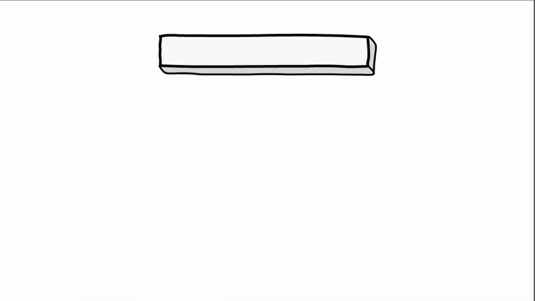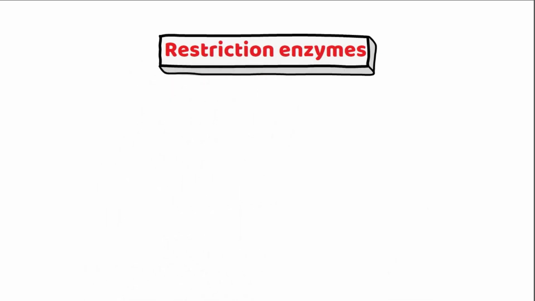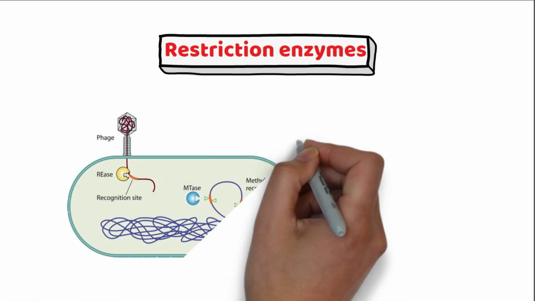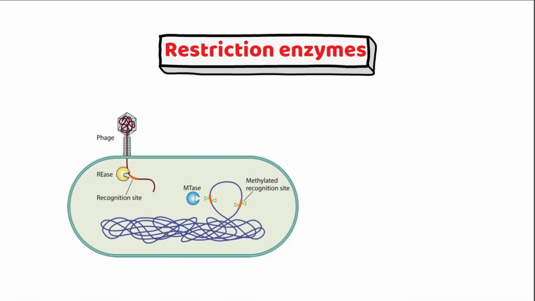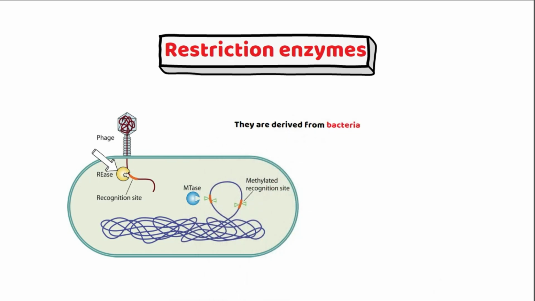Now, we discuss something about restriction enzymes. What is meant by restriction enzymes? Restriction enzymes are a group of enzymes found and discovered inside bacterial cytoplasm, where the bacteria use this type of enzymes to digest and attack phage DNA into small pieces.